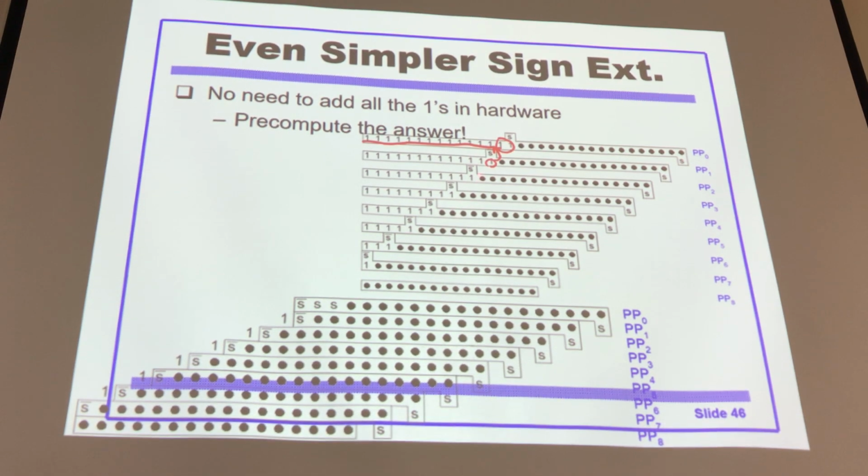Likewise, in each row, the 1 will try to go up to cancel out this 1, and S bar will go to this row. So likewise, each product you're getting it. And this one is better than this one because there's no high plane now. You don't need to connect so many wires from the sign bit.